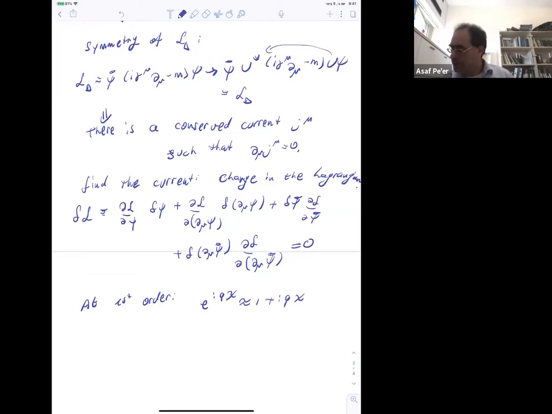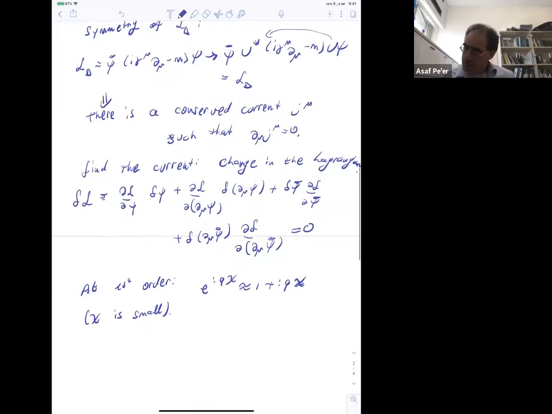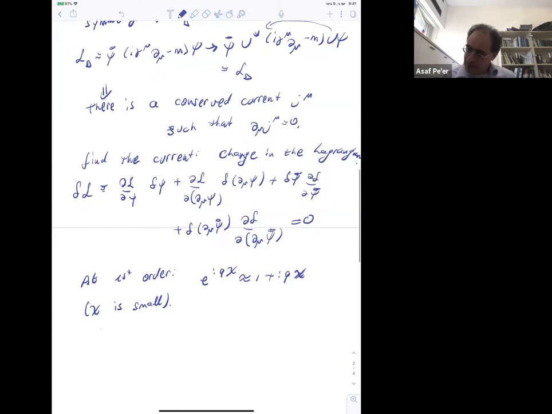It's an infinitesimal change. Which means that delta psi is just i q chi psi, to first order.